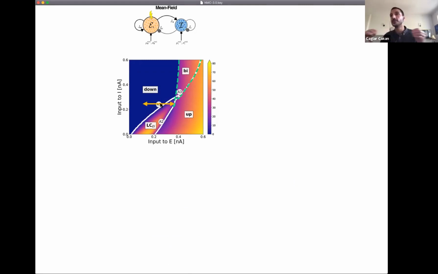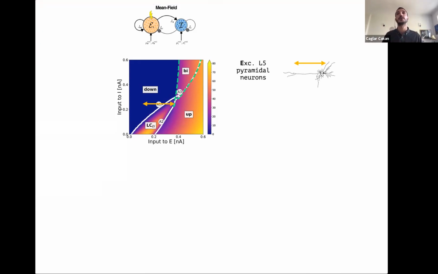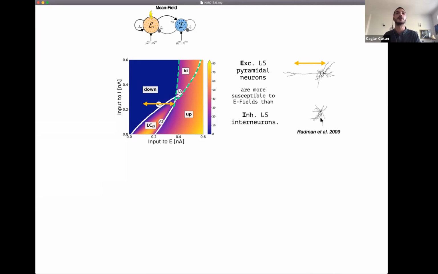It is equivalent to moving on the x-axis of this bifurcation diagram because we're changing the input to the excitatory population through stimulation. And why only the excitatory population? Because, as I said before, you need extension for interaction with the electrical field, and excitatory neurons have this antenna-like structure, pyramidal neurons, for example, but basket cells are much smaller and more symmetric, so you don't have much interaction with the electrical field.